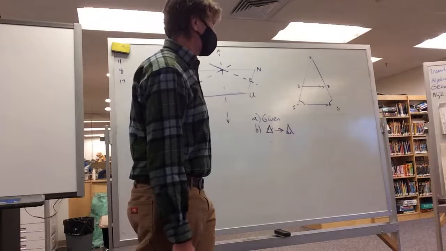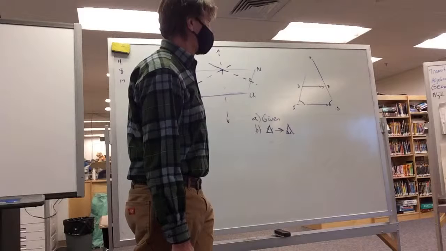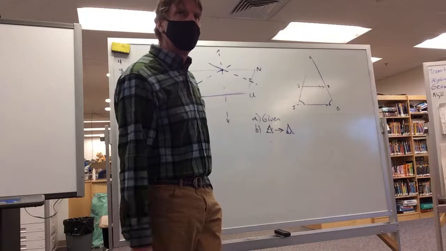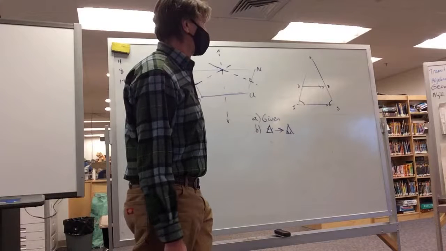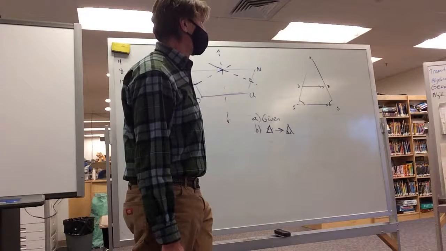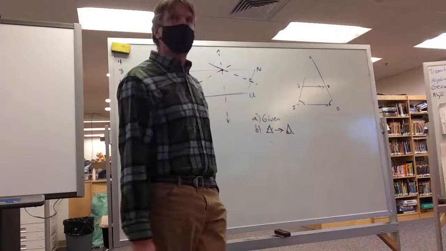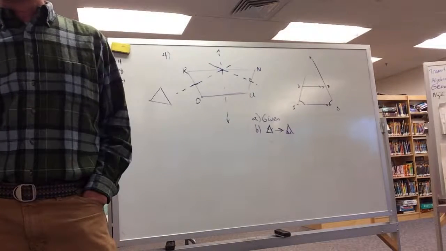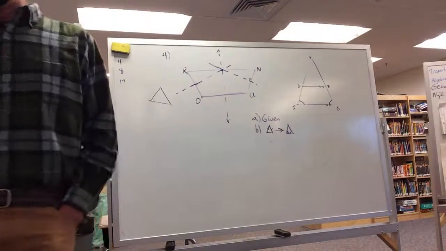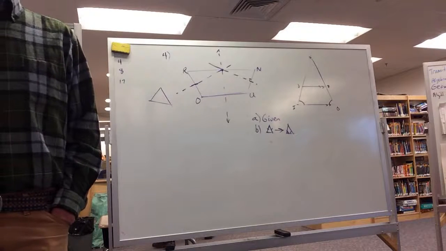What makes it isosceles? What's the definition of an isosceles trapezoid? How is that different than a trapezoid?